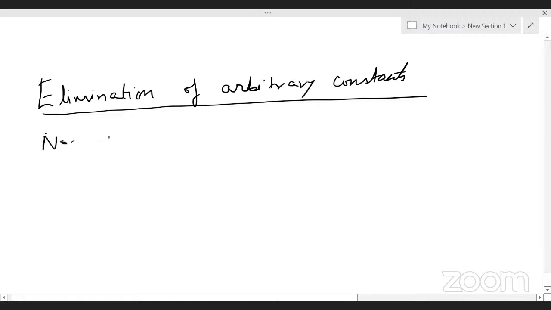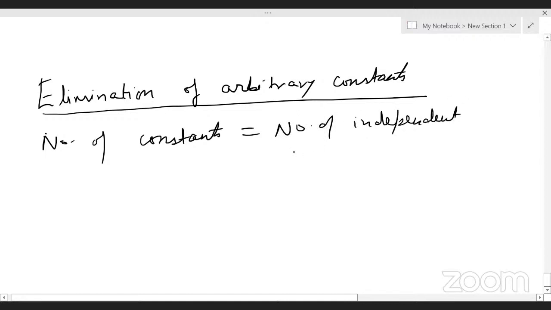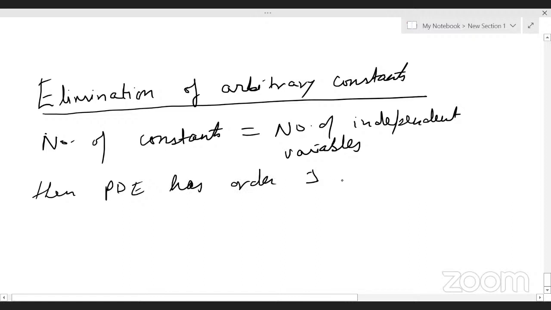So if the number of constants is equal to the number of independent variables, then the PDE has order 1. That is, you will have only P and Q.